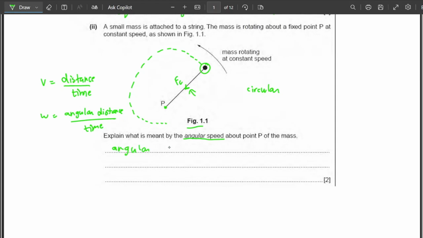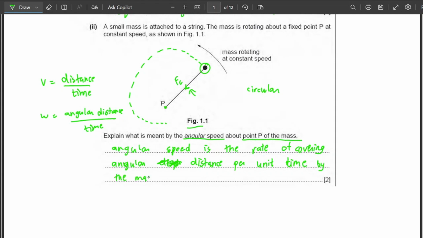Angular speed is the rate of covering angular displacement, angular distance per unit time, and since they're talking about point P and the mass, we can say by the mass around point P. Yeah, I think that's it.